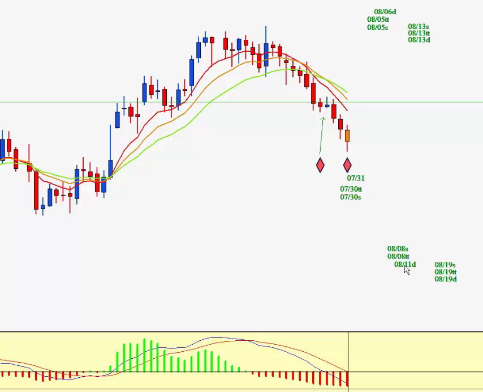Note that 8-11 is only 1 day after 8-8 because there's a weekend in there, so it may look like 3 days, but it's not. They're right next to each other. So today 7-31, then we're looking around 8-5, then around 8-8, then again around 8-13, and then 8-19. So those are your short-term expected cycle swings.